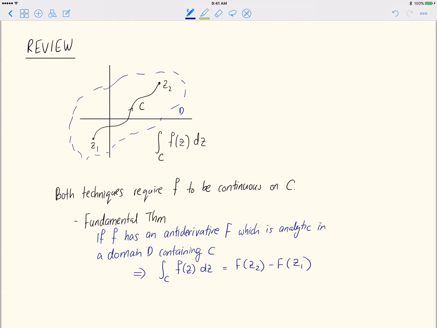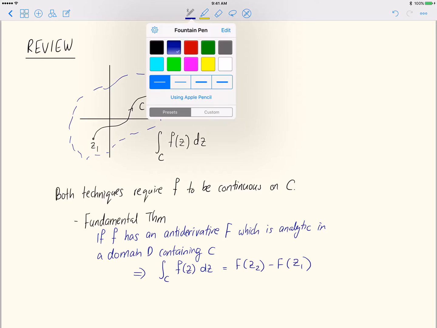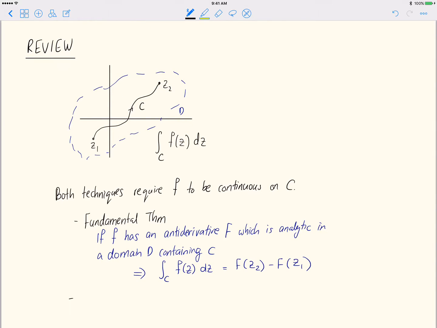You can use parametrization. So in parametrization, we basically just have the following formula.